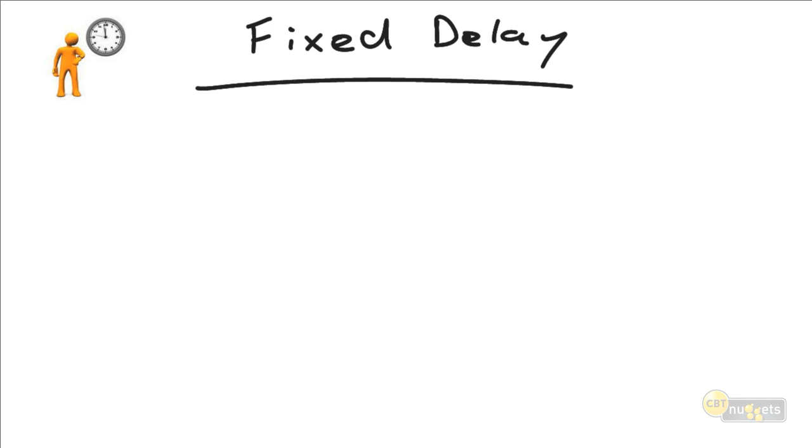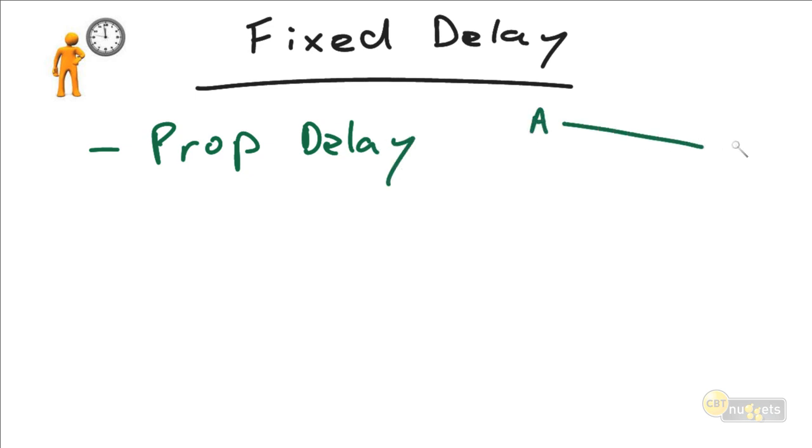Now, when it comes to solving delay issues, one of the first things you want to do when you're designing is mentally separate fixed delays from variable delays. For instance, there's something that we call propagation delay. This is how long it takes to get from point A in the network to point B in the network.